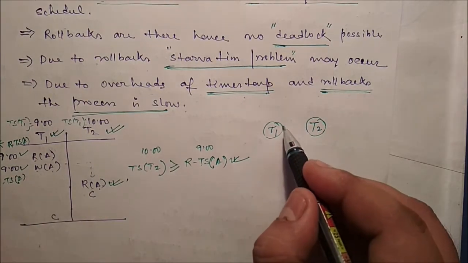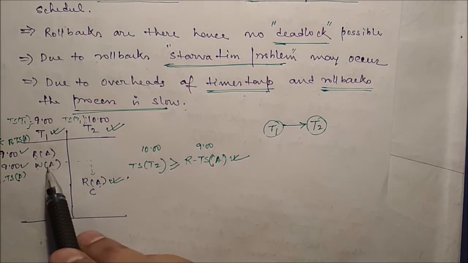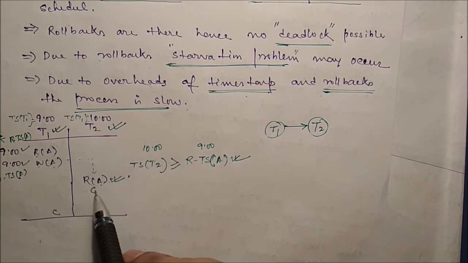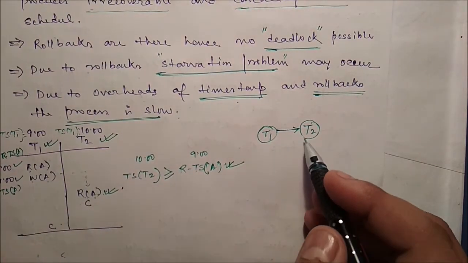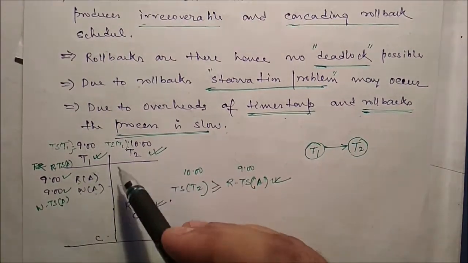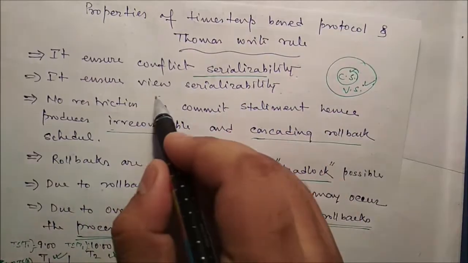So we have to execute T1 first, then we can execute T2. After that there are no more instructions. Only one instruction is there, read A, and commit and commit. So you can see the precedence graph contains no cycle. That means it is conflict serializable. And if it is conflict serializable, definitely it is also view serializable.